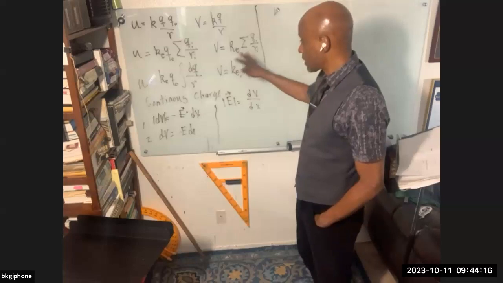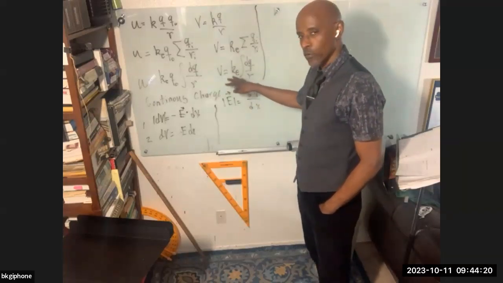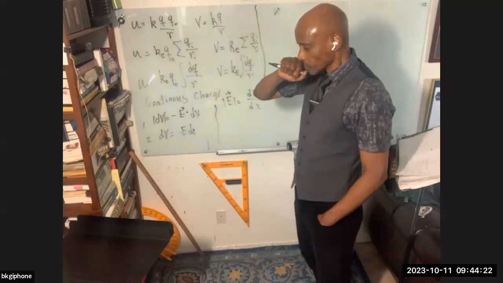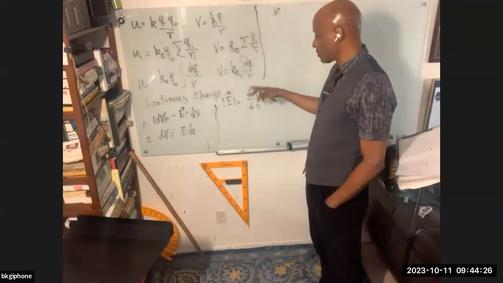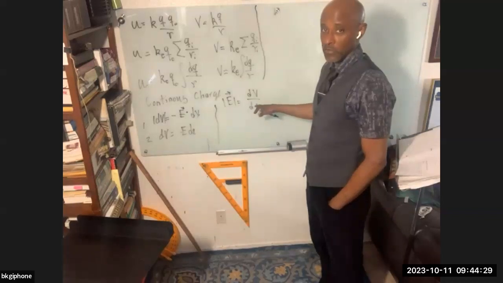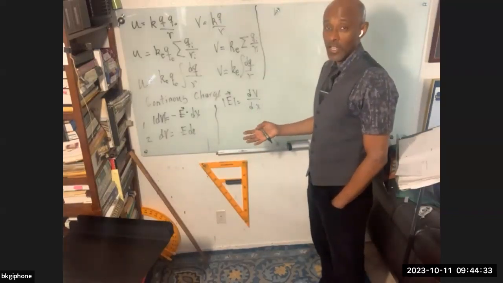So we can take the brute force equation for potential and determine the potential directly. And then once we have that potential, we can take the derivative of that result to get the electric field. And it sounds like a lot of work.